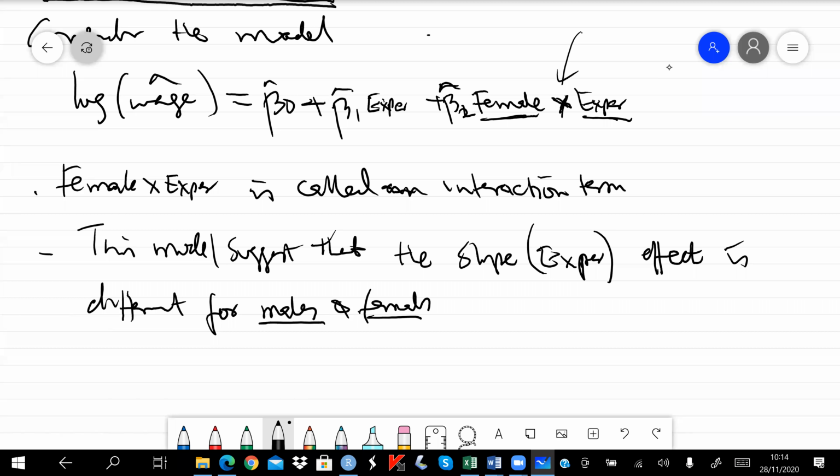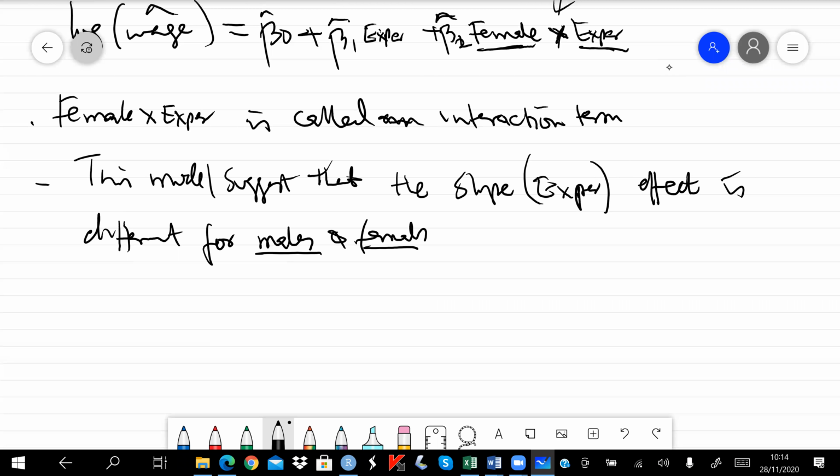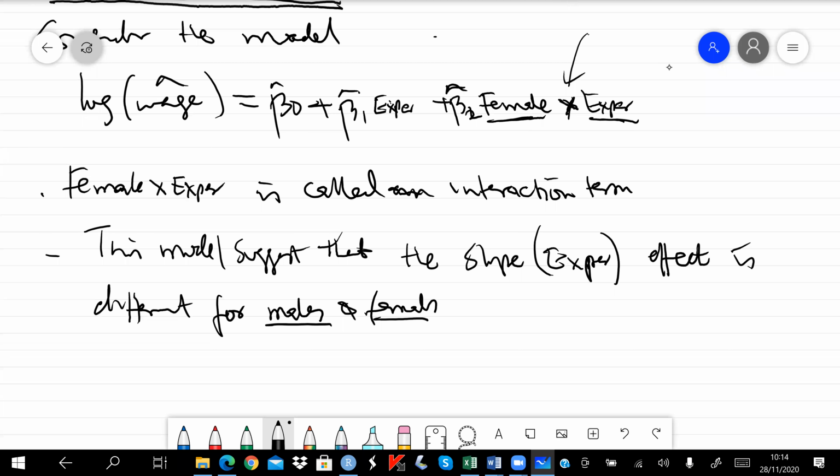Okay. So we have, for instance, if you take the derivative of log of wage with respect to experience, then you find that we are getting two slope values for males and for females, as shown below.